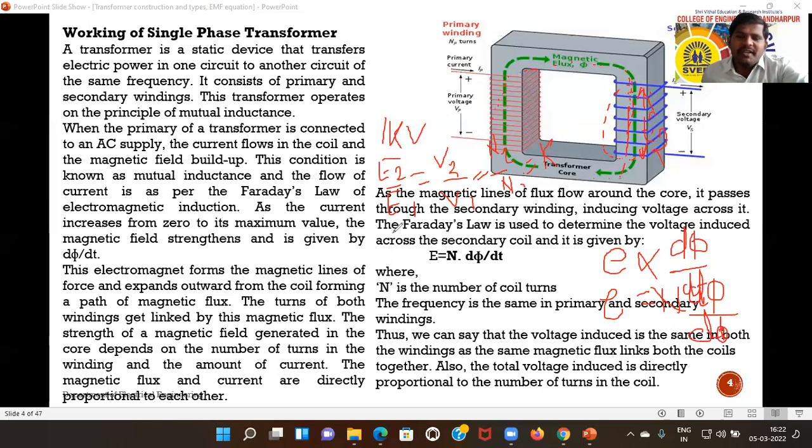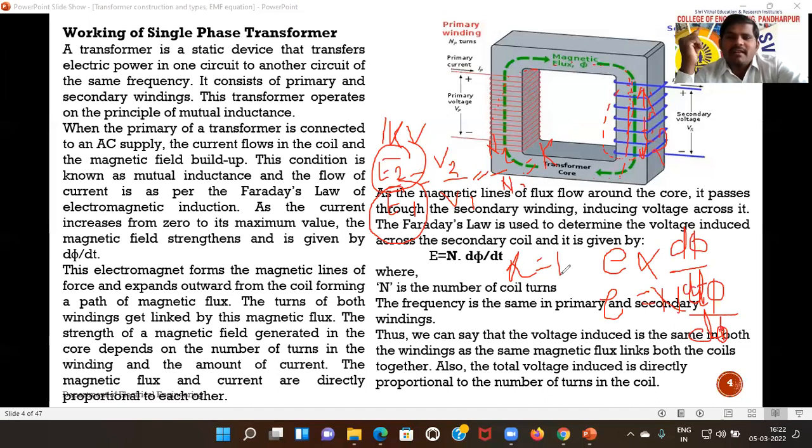So E2 divided by E1, that means the induced EMF in the secondary and the induced EMF in the primary, if it is the same in case of an ideal transformer, then we get the transformation ratio K is equal to 1. जर E2 आणि E1 सेम असेल आणि त्याचा रेशो काय येईल मग 1 येईल ना. Yes, sir.